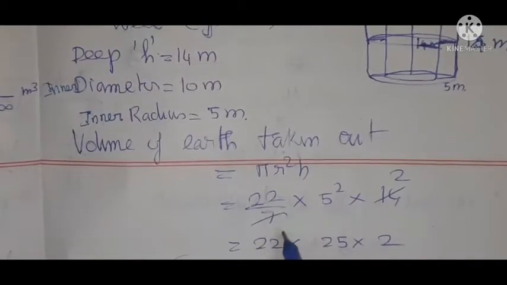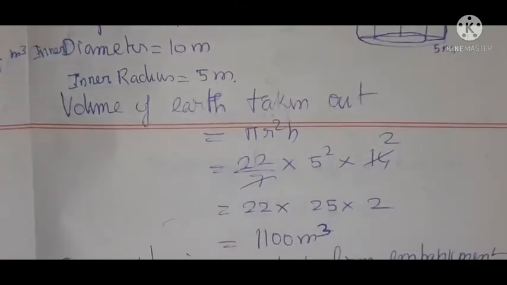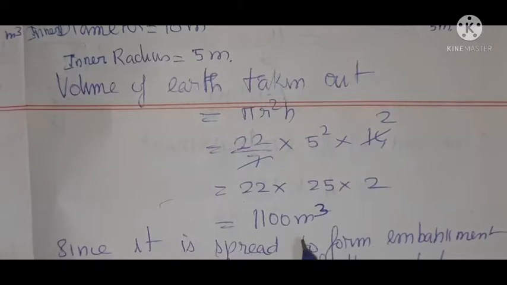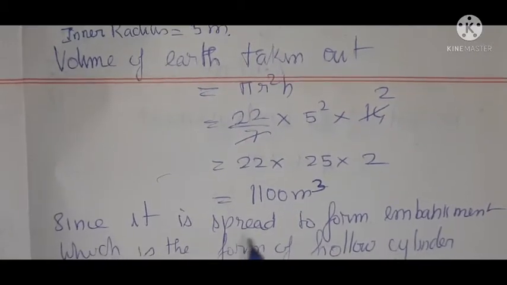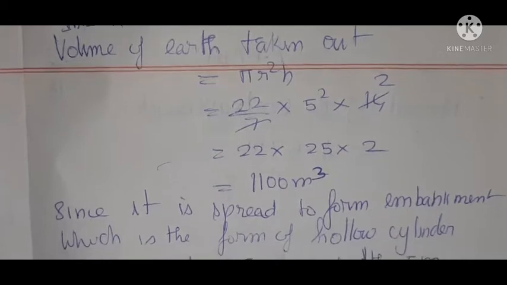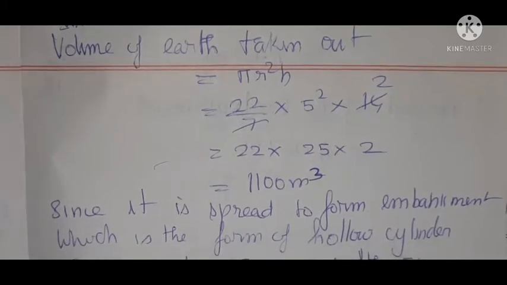Pi 22 by 7 into r is 5, 5 square into h is 14. 14 is divided by 7, we get 2. 22 into 5 square, 25 into 2, we get 1100 meter cube.